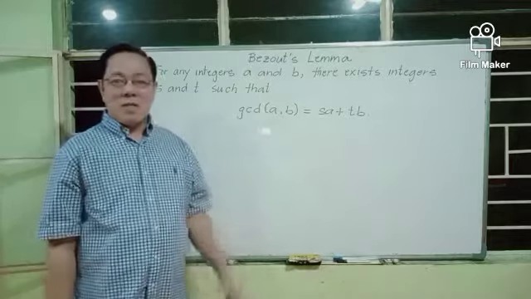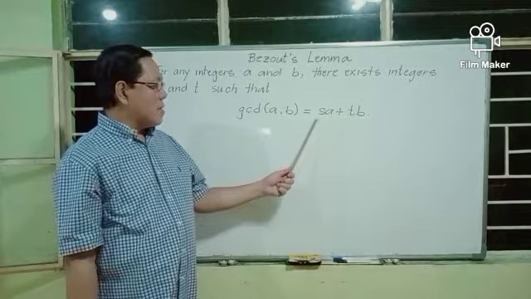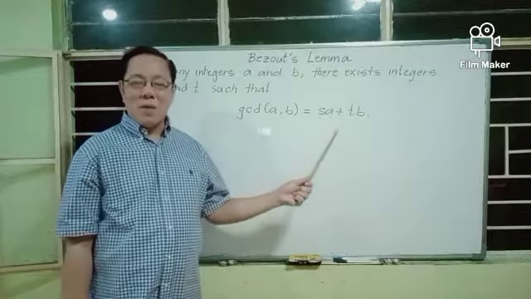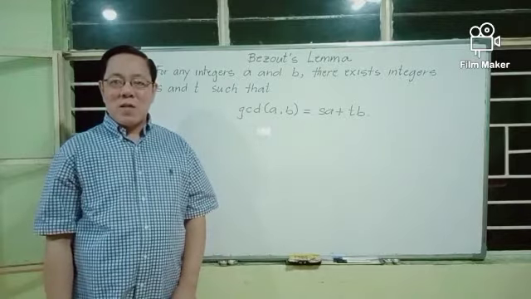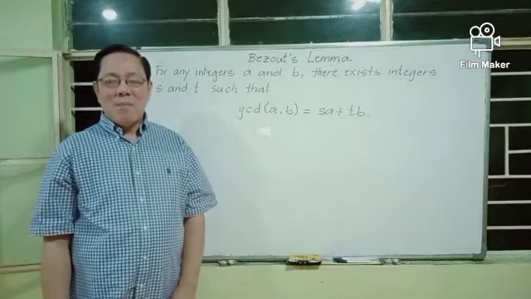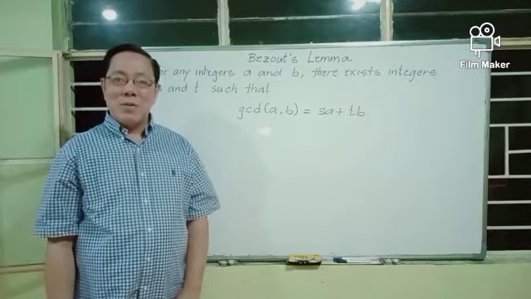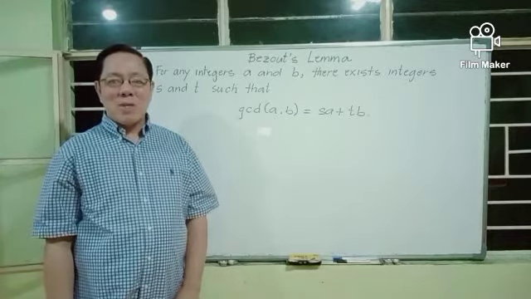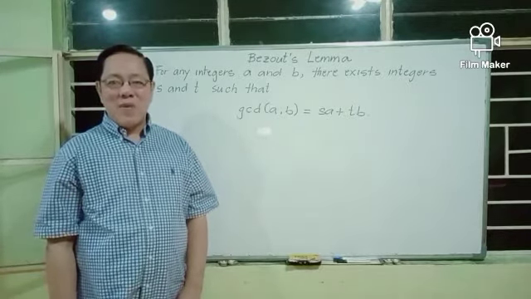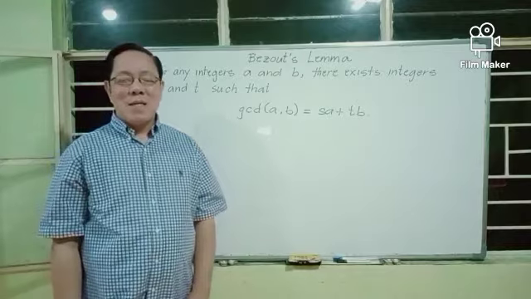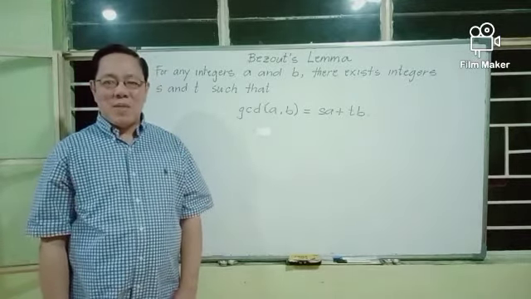It also does not give us a method or a way of finding the integers s and t so that we can write the integers a and b as a linear combination of them. But this lemma is used by Blankenship's method to give us an algorithm for finding the greatest common divisor of integers a and b.